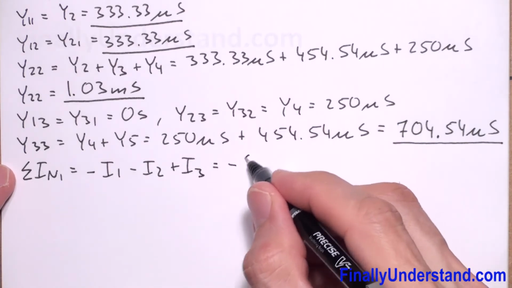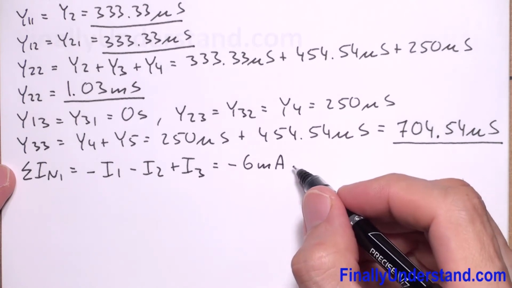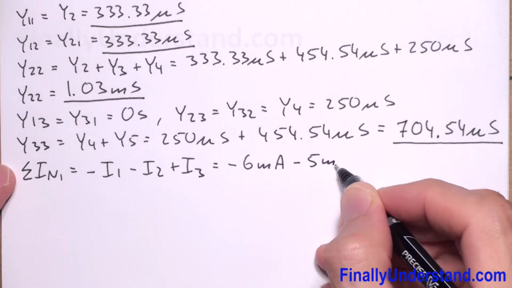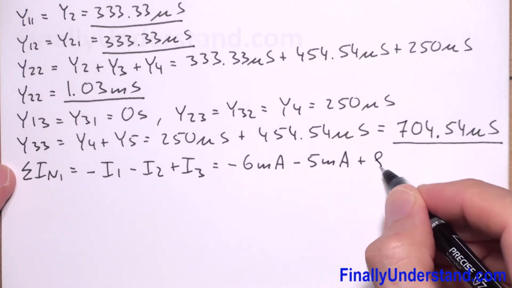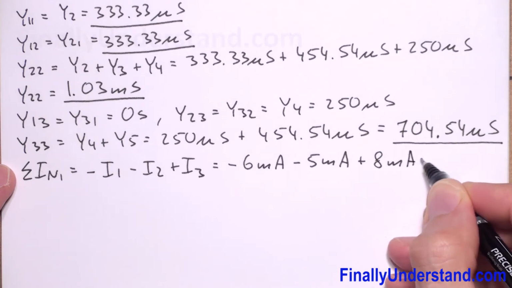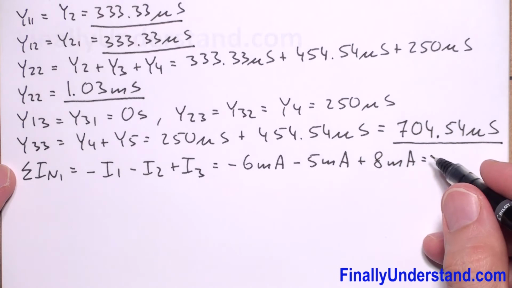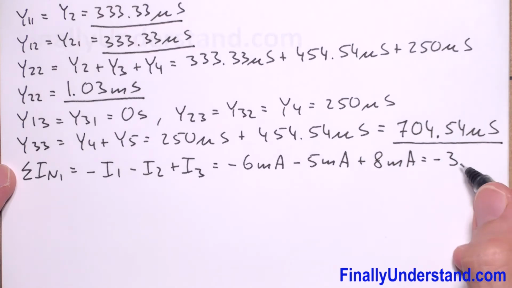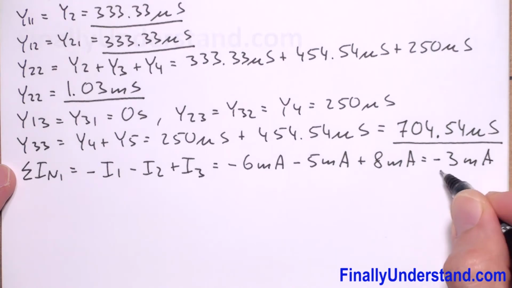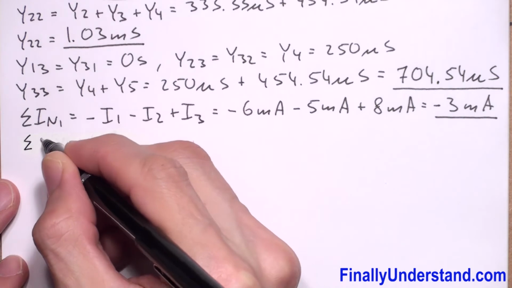So I have negative 6 milliamps minus 5 milliamps plus 8 milliamps. Everything is equal to negative 3 milliamps.